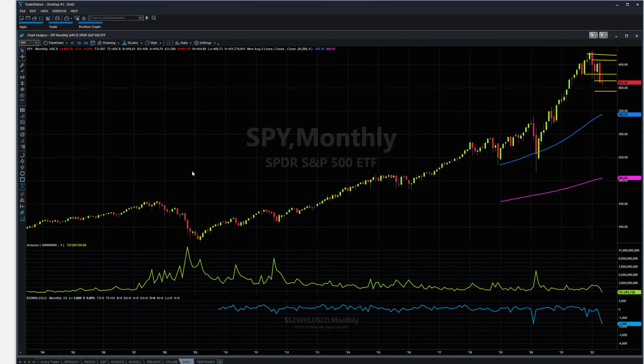And looking at a monthly chart, you can see that here's a run, a pause, a run, a pause, a run, and a pause, and this may not yet be complete. So we may have more downside work to do before we see some type of equality within the market or within the spiders itself.